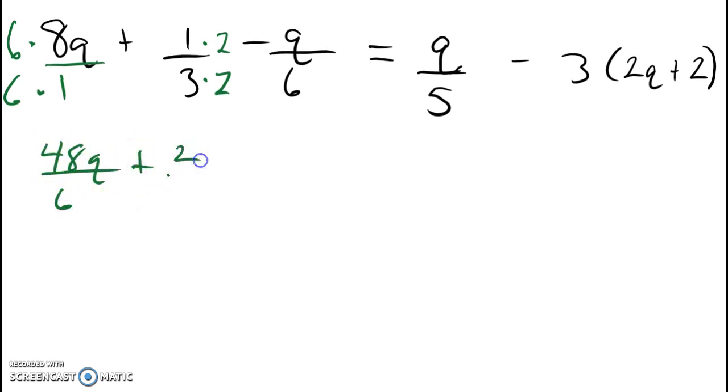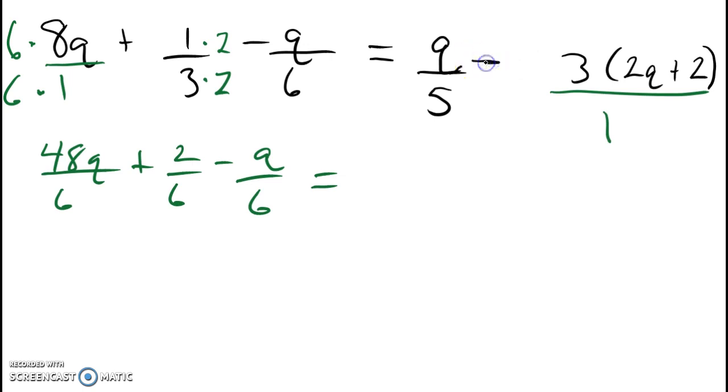And now I'm going to get 48q over 6 plus 2 over 6 minus q over 6 is equal to, and you might be thinking that we want to find a common denominator to be 6 over on this side also, but we don't really need to, and I'm going to show you why that is in a moment. Right now, we have all this is over 1, so what I'm going to do is move this over a little bit, bear with me, and I'm going to make the common denominator to be 5 on this side, times 5, times 5.